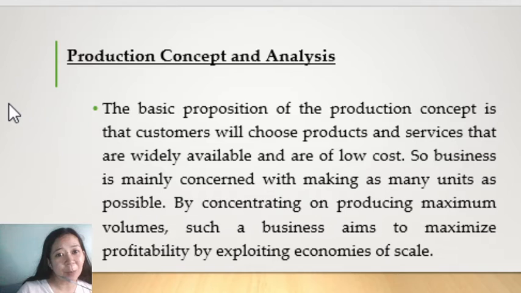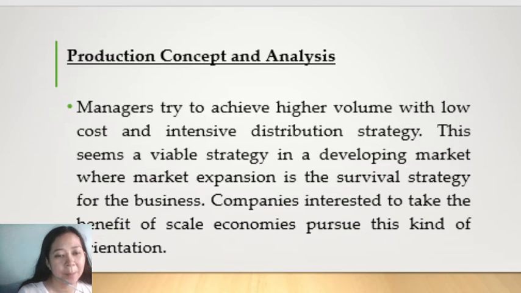By concentrating on producing maximum volume, such a business aims to maximize profitability by exploiting economies of scale. Meaning to say, the more that they can produce, the more that they can sell to other parts of the society or a larger portion of the market.